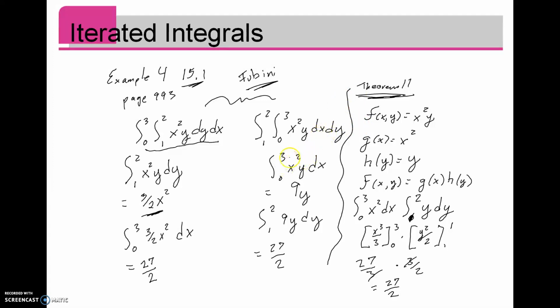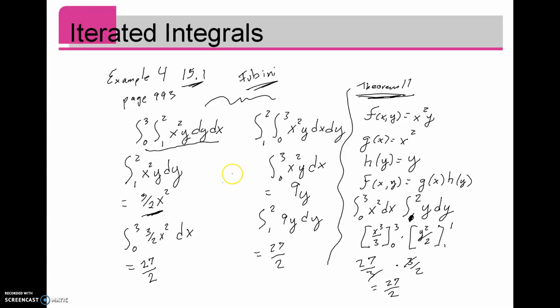Now, keep in mind, ideally, what we're really looking at is the volume, right? The volume under that surface, above that closed rectangle. But you could get a negative volume if it goes below the xy plane.